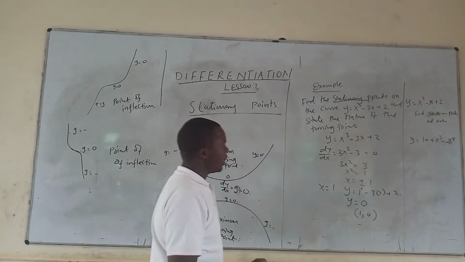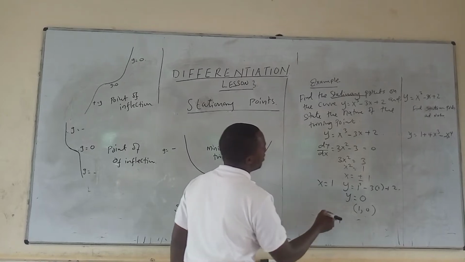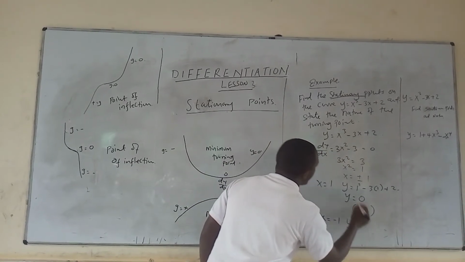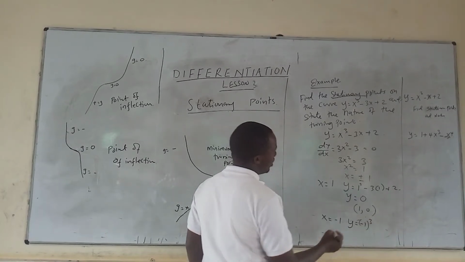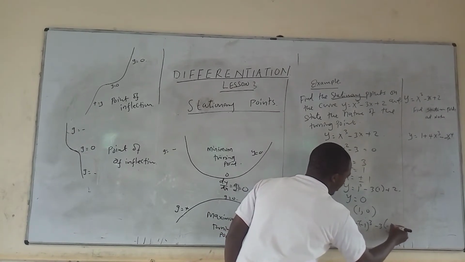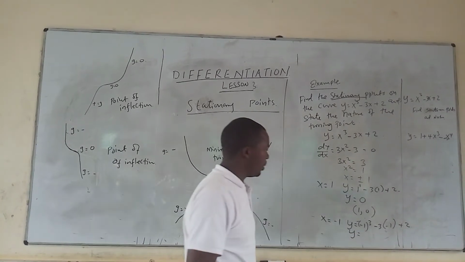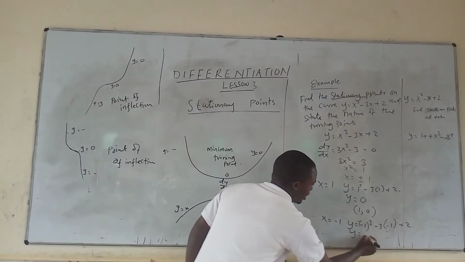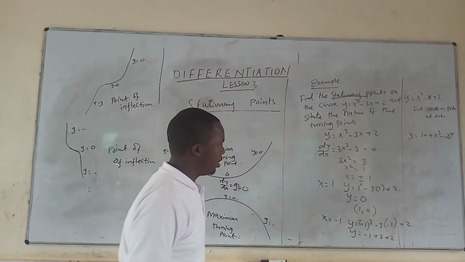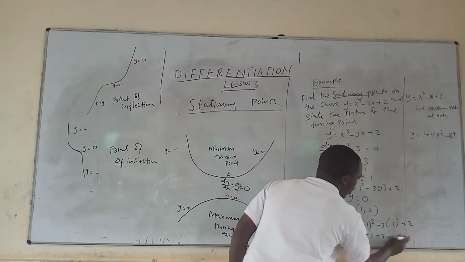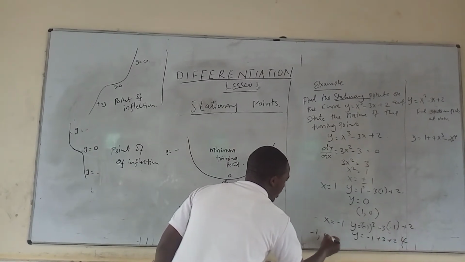And when x = -1, the value of y is (-1)³ - 3 × (-1) + 2, so y is -1 + 3 + 2, which is equal to 4. So the point here is (-1, 4).